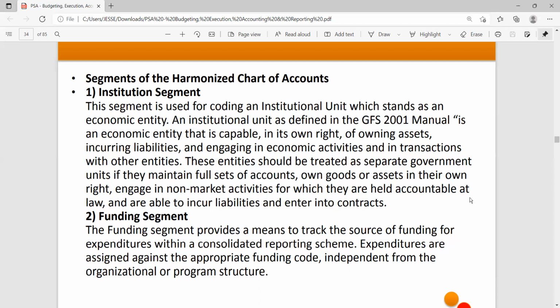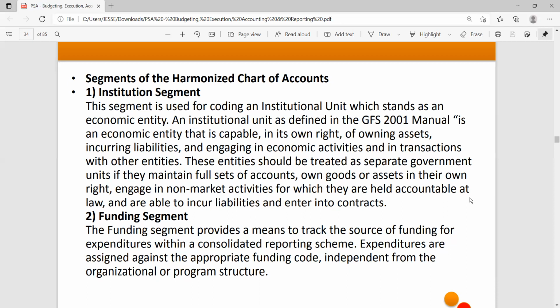So when an institutional unit is able to own its assets, incur liabilities, and engage in economic activities, then it should be treated as a separate government unit, as a full economic entity. That's what we refer to as the institution segment under the chart of accounts.